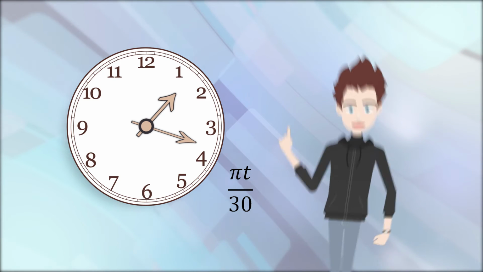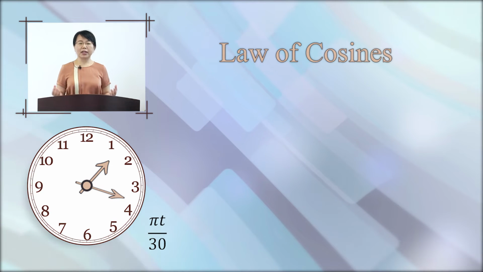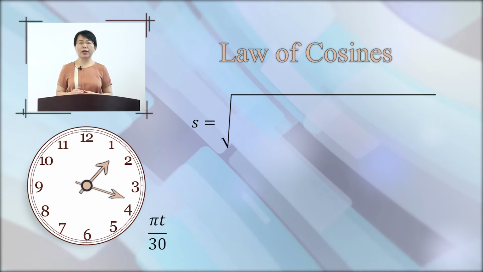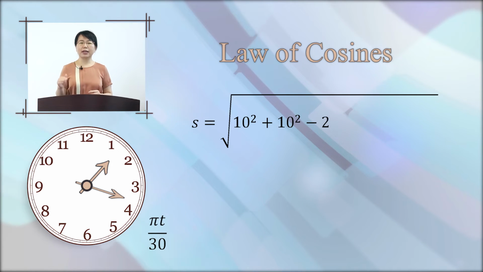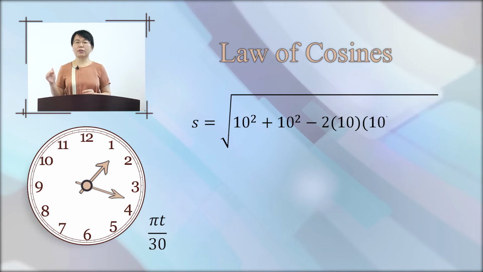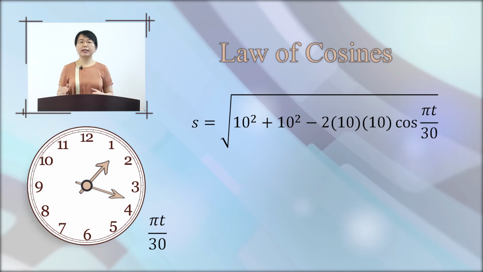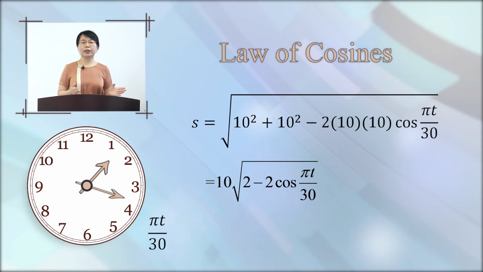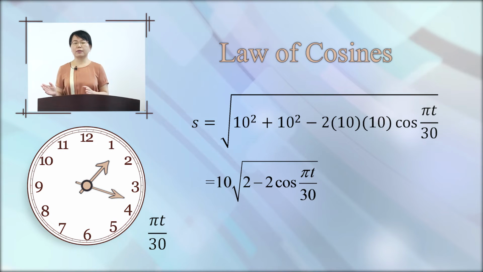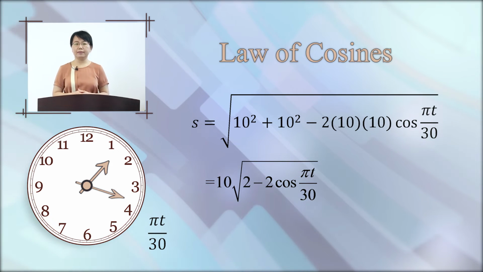Thank you. So, by the law of cosines, the length s is the square root of 10 squared plus 10 squared minus 2 times 10 times 10 times cosine of pi t over 30. We simplify it, then we will get s equals 10 times the square root of 2 minus 2 cosine of pi t over 30.